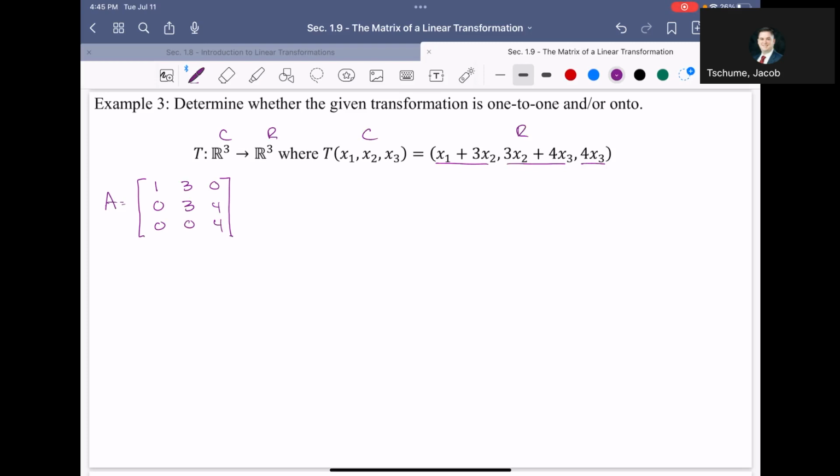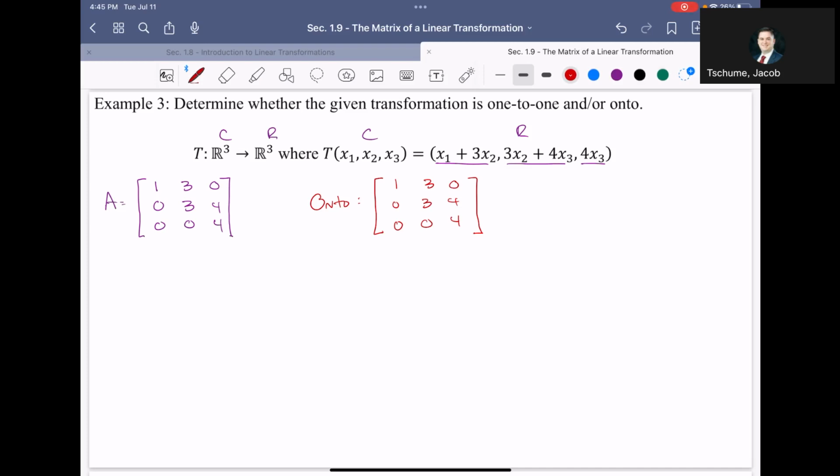It technically does not matter which one of these you do first. Usually when I teach this, most students like to do onto first, and let me show you why. If you want to show whether or not a matrix is onto, you take the matrix that you've just found, and the question becomes, is there a pivot position in every row? That only requires you to go into echelon form, not reduced, just echelon form. If you notice, this matrix is already in echelon form.